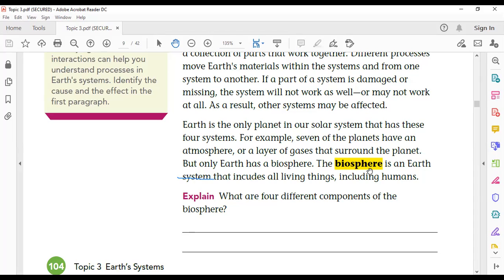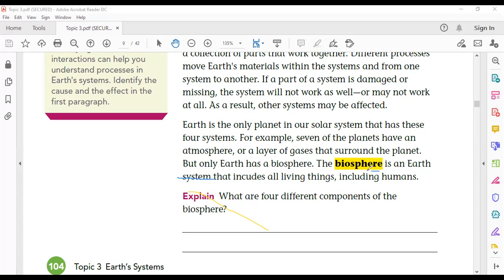What is the biosphere? The first system or the first part of the Earth system is the biosphere. The biosphere is an Earth system that includes what? All living things, including humans, animals, and plants.